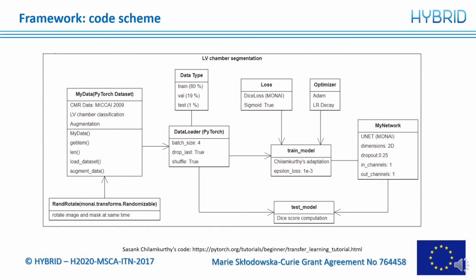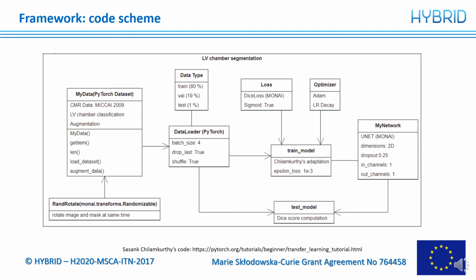So this is the main scheme of the code. Here we have to keep in mind the main objects for a deep learning implementation: the loading of the data, the definition of the model, the optimizer, and the loss function. In this case, I wanted to use the DataLoader class from PyTorch.